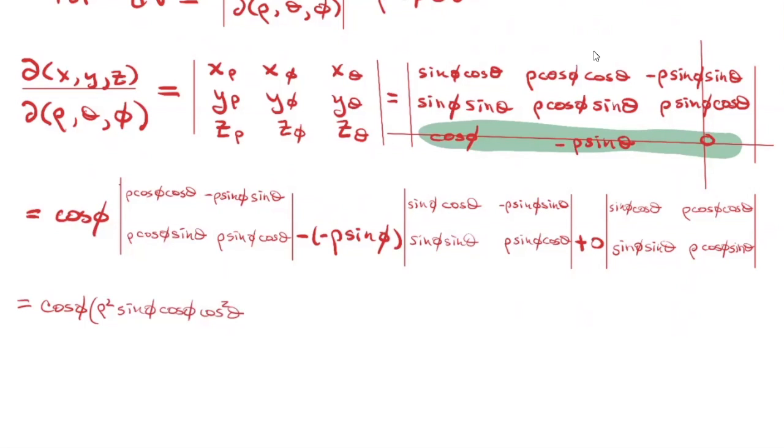And then a double negative with a rho square sine phi cos phi sine square theta. So there'll be plus a double negative, rho square sine phi cos phi sine square theta. Okay. So that's the first determinant. Okay, keep going. Plus, there's a rho sine phi.